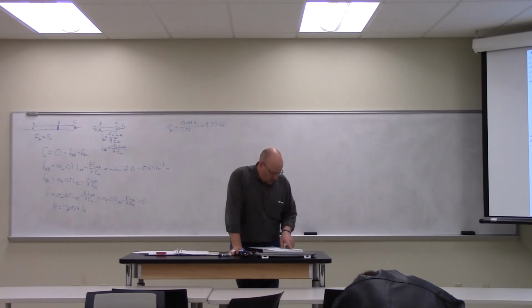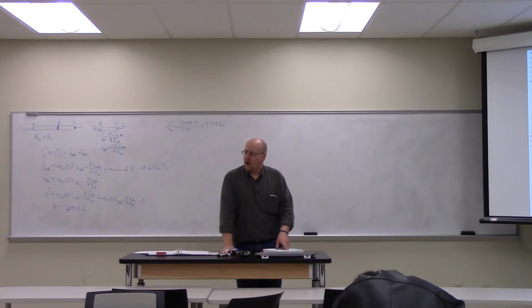For aluminum 2014 T6, the yield strength in compression is 60 KSI. We're at about 10 KSI, so we're below the yield strength in aluminum.